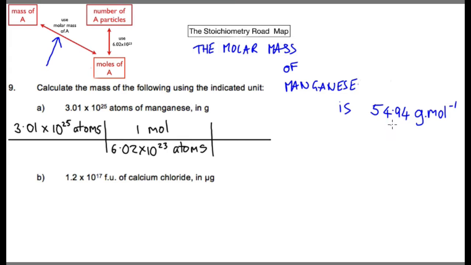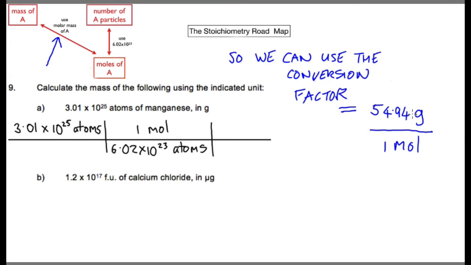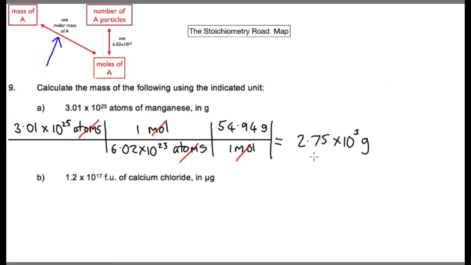The molar mass is 54.94 grams per mole. So the conversion factor would be 54.94 grams over 1 mole. Grams is on top, because that's what we want. And we get 2.75 times 10 to the 3 grams. And we've got 3 sig figs, because that's what we've got in the question.